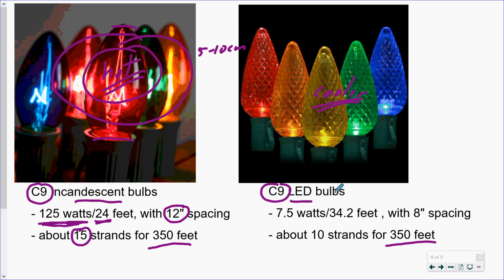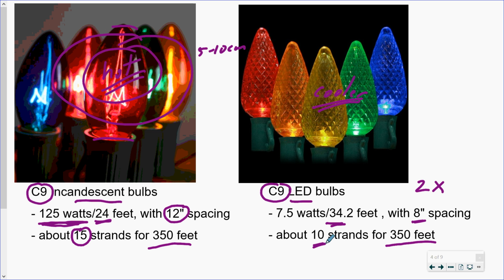For the equivalent LEDs, by equivalent I mean they generate the same amount of light; in fact, the LEDs might even generate a little bit more light. For these ones, I found strands that are a little bit over 34 feet. The spacing is about 8 inches apart, so we would get twice as many lights when using the LEDs.